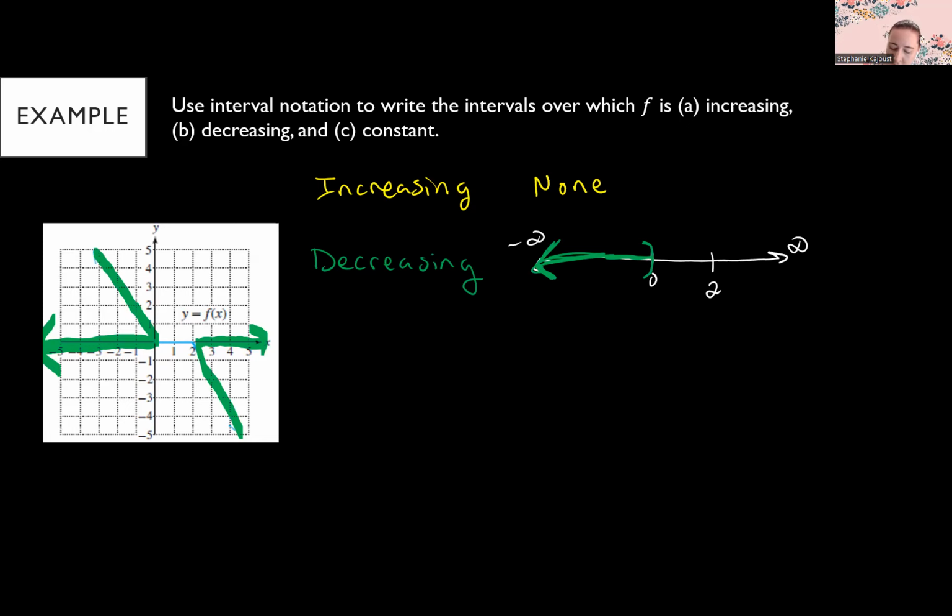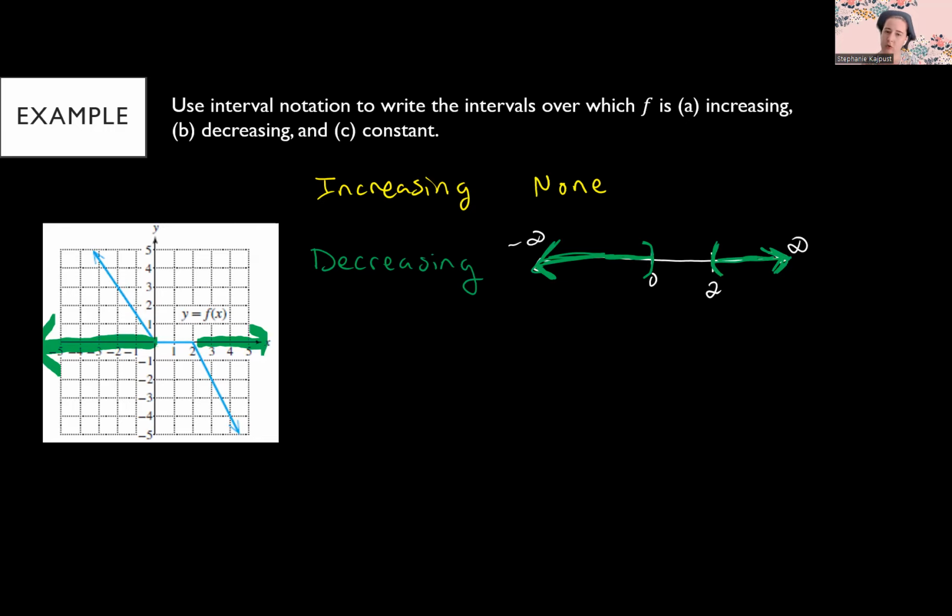Then we pick it up at 2, and 2 is straight and decreasing, so you can see that at 2 it's doing both. Then we go all the way to infinity because of the arrow that keeps going. So we've got two decreasing intervals.